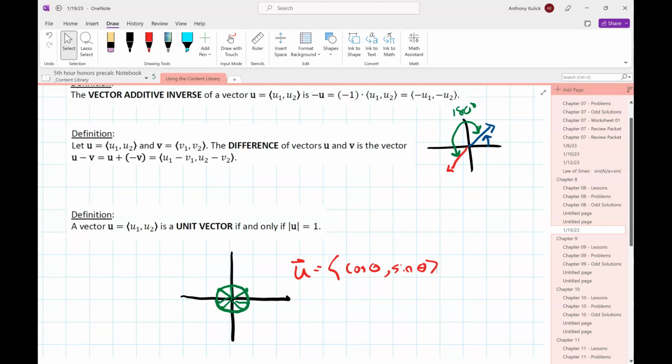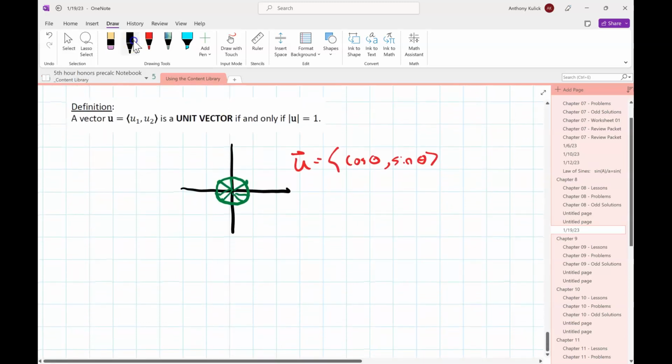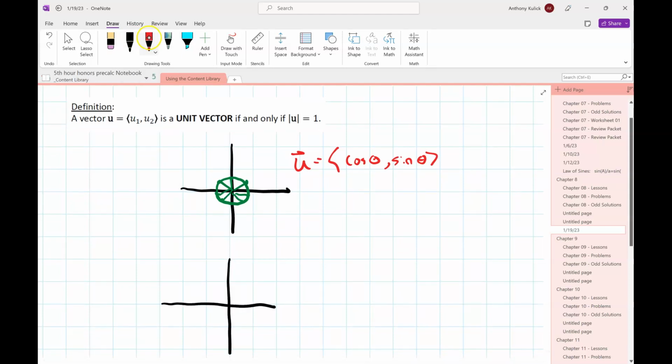So, if I want to find the unit vector that's in the same direction as some other vector, what would I need to do? So let's say we have some vector v here.